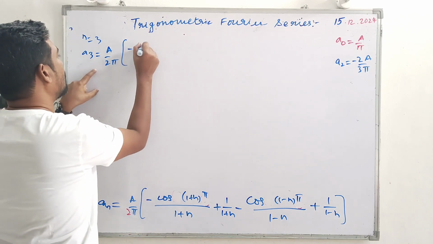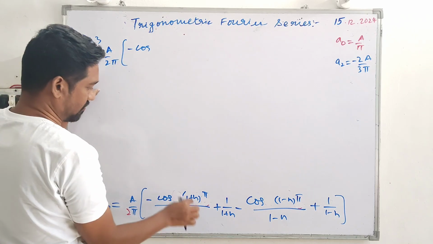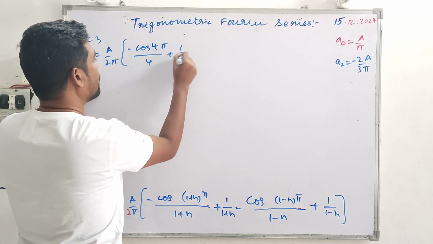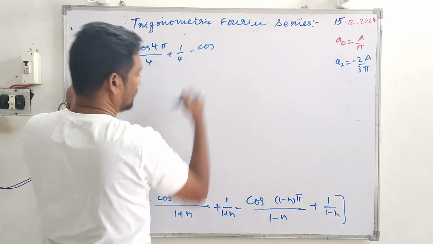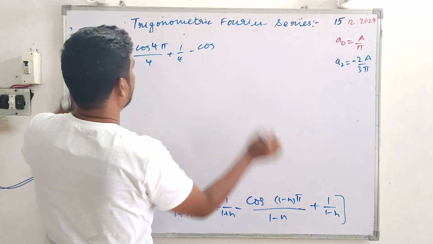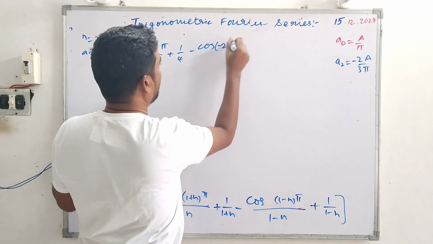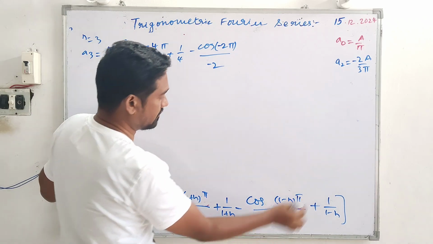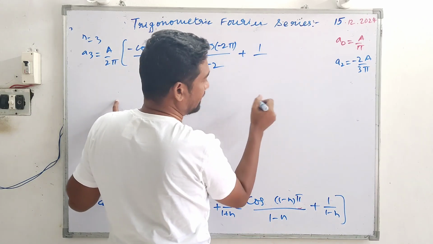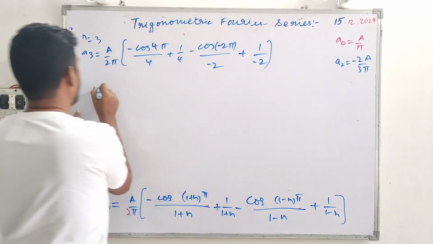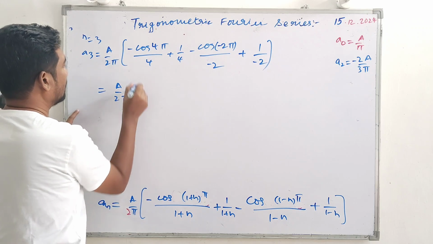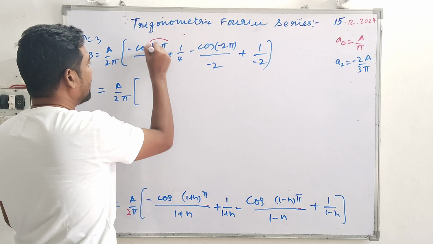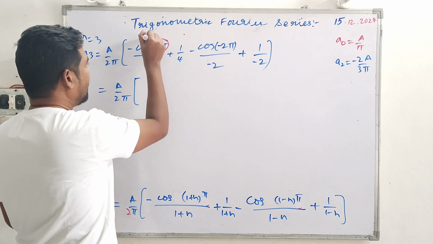Here, minus cos 3 plus 1 plus 3, it's a 4 pi by 4 plus 1 by 4 minus cos 1 minus 3, it's a minus 2 pi even pi by minus 2, 1 minus 3, and plus 1 by 1 minus n minus 2. Let's check what happens. A by 2 pi, it's as it is. And guys, watch carefully, it's a even pi, cos even pi, that will be 1.